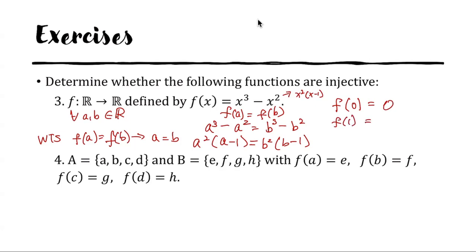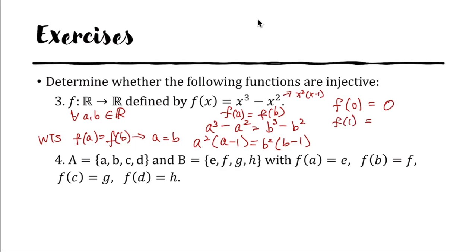Also 0. So what do we find here? We find that f(0) equals f(1). So we have two outputs that are the same, but their inputs are different. Right, so we have two different inputs going to the same output. So this is the counterexample. This function is not injective.